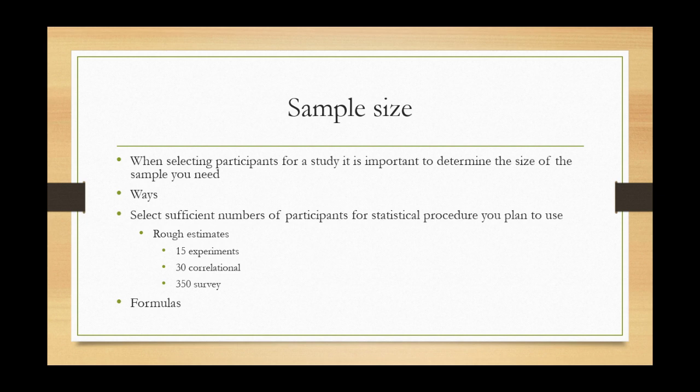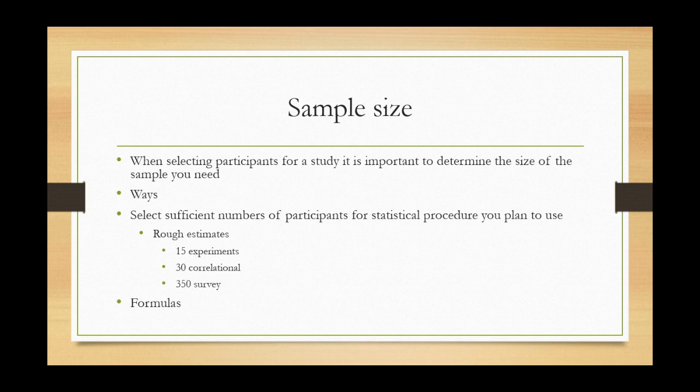You will minimize the error of differentiating the sample from the population. That difference between the sample estimate and the true population score is what we call sampling error. So to minimize sampling error, you select a larger sample from the population.